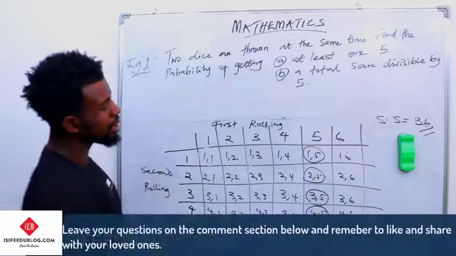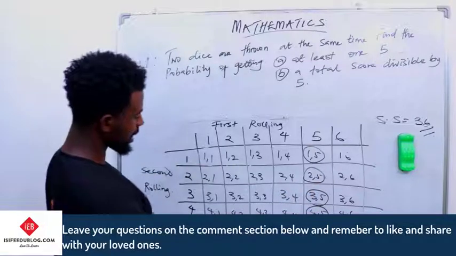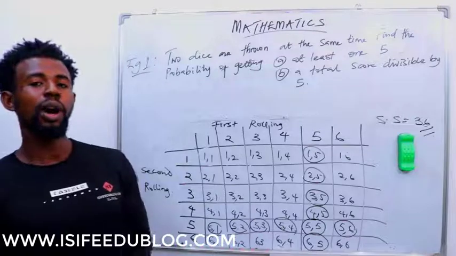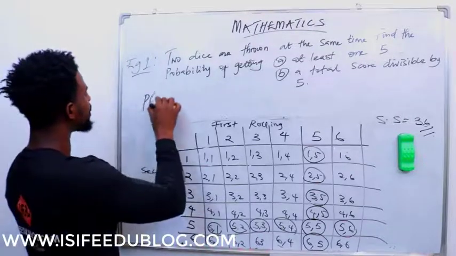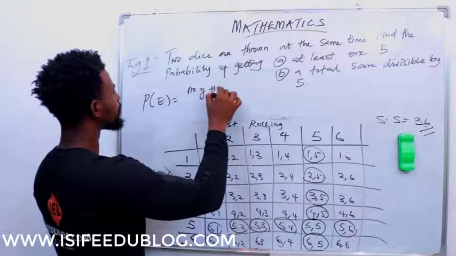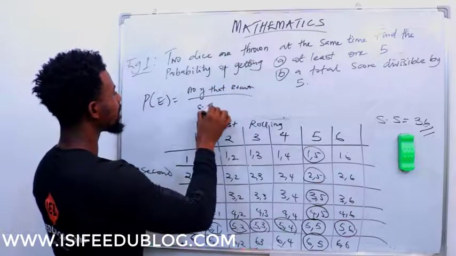Okay? So these are the faces whereby 5 occurred either once or twice. And how many are they? We have 1, 2, 3, 4, 5, 6, 7, 8, 9, 10, 11. So 5 occurred once or twice, 11 times. And remember our formula for probability. The probability of any event is the number of that event all over our sample space.